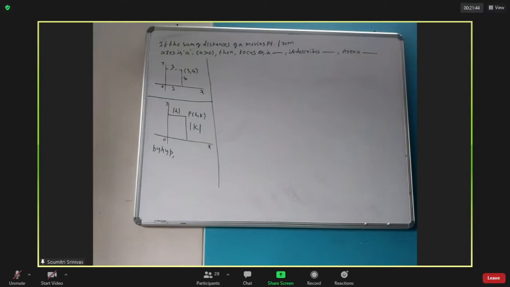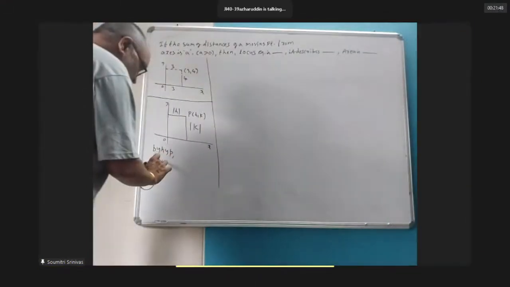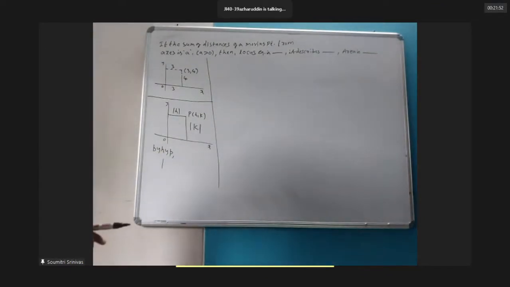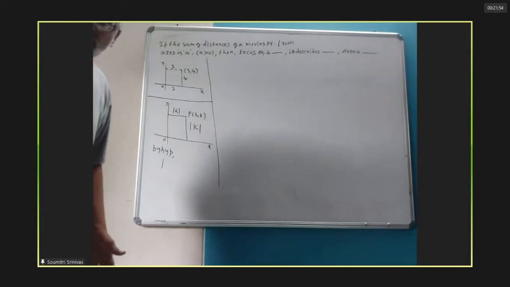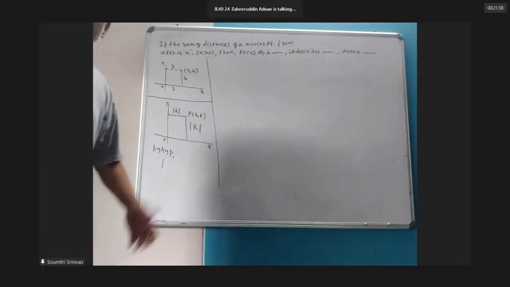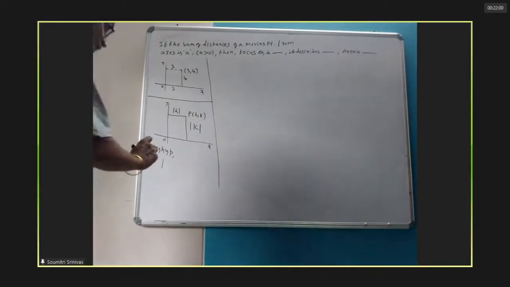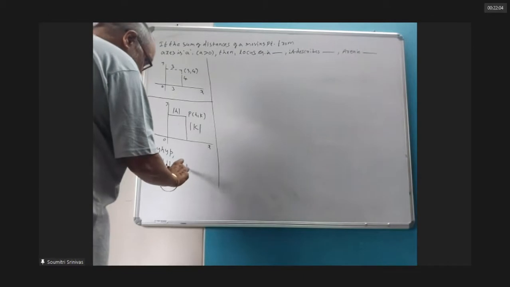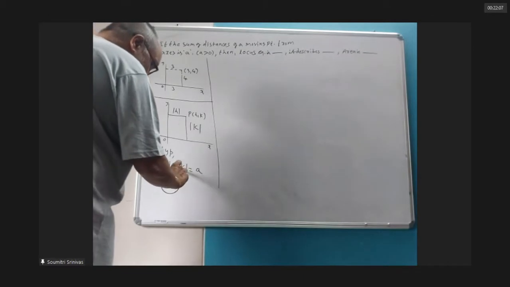Root over mod of h square plus mod of k square is equal to a. Why root over? Mod h plus mod k is equal to a. That's it. Why root over, man?